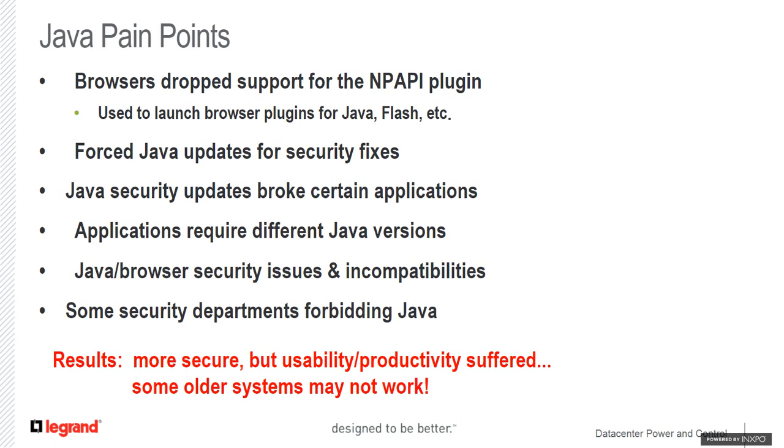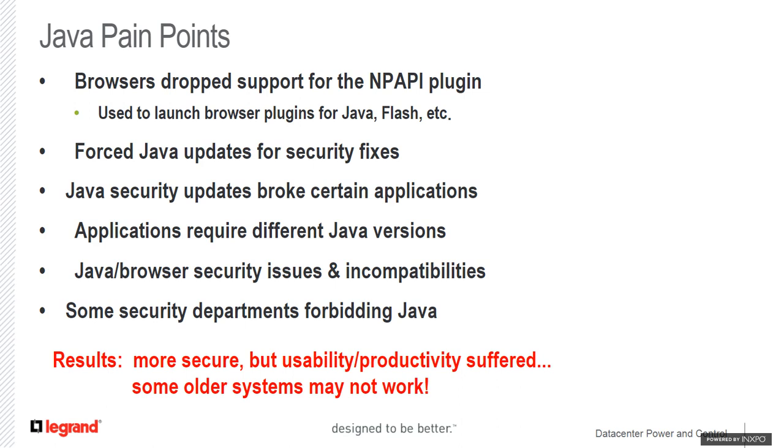That was kind of an issue, because these applets rely on that. Java started changing to deal with some of the security issues, and then started forcing Java updates, where it would automatically update for the user. Some of these security updates broke certain applications, where the application relied on a feature, it wasn't considered secure anymore, and it stopped being supported.